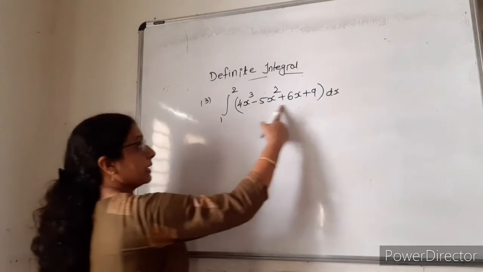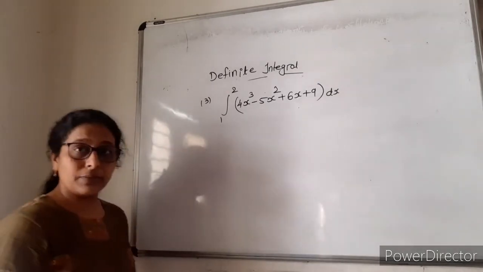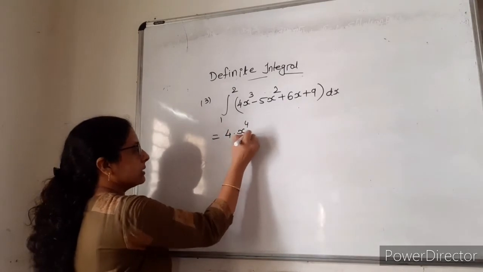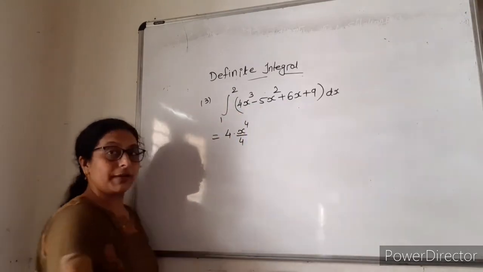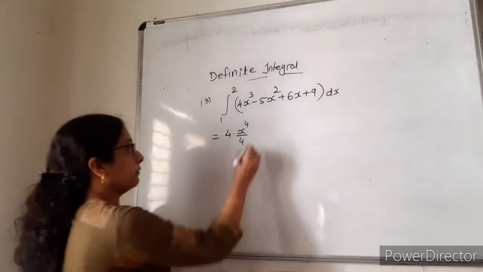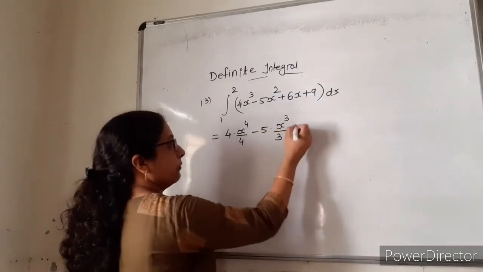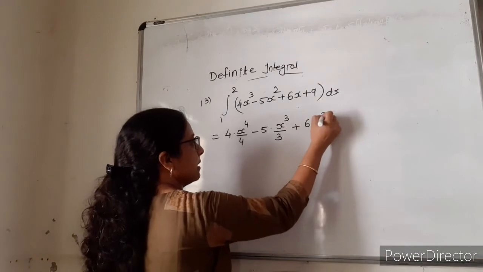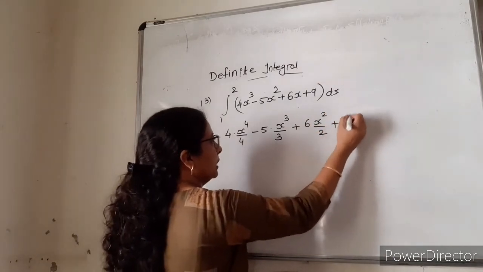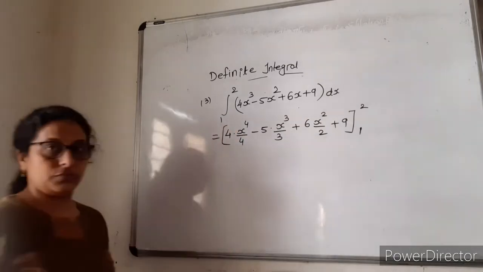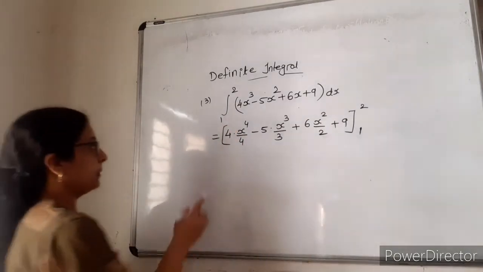So first you find this integration separately, right? So here is 4, x raised to 4 by 4. Integration of x cube is x raised to 4 by 4. Integration of x square is x cube by 3, times 5. 6x square by 2. 9. Limit 1 to 2.